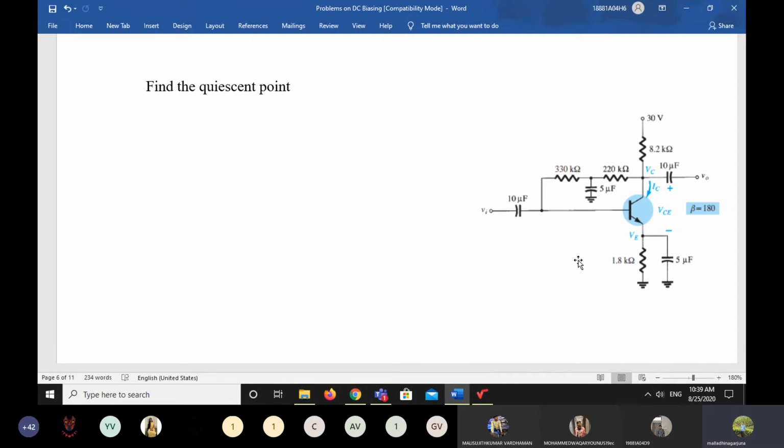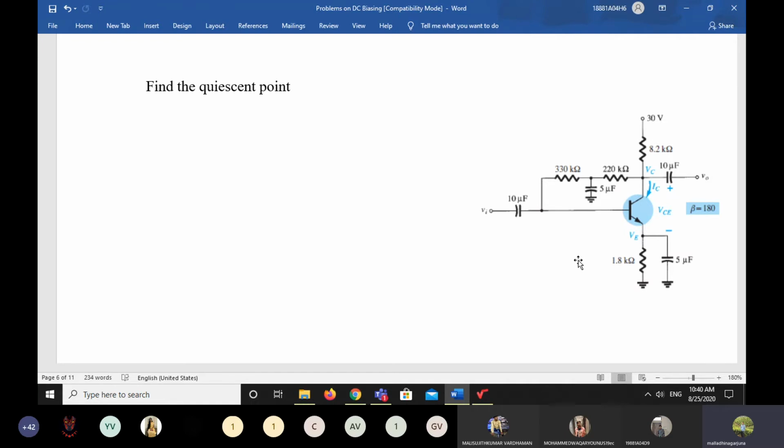Find the quiescent point, the operating point, for the circuit. Find the quiescent point for the circuit diagram.